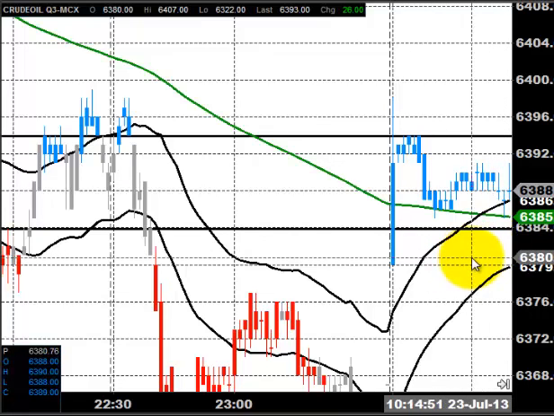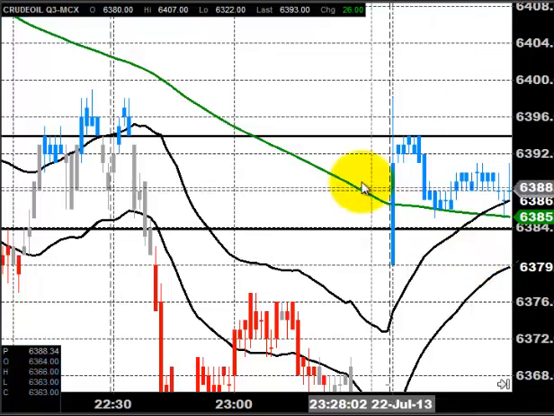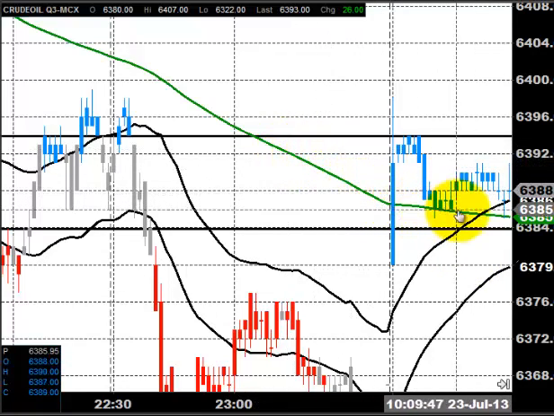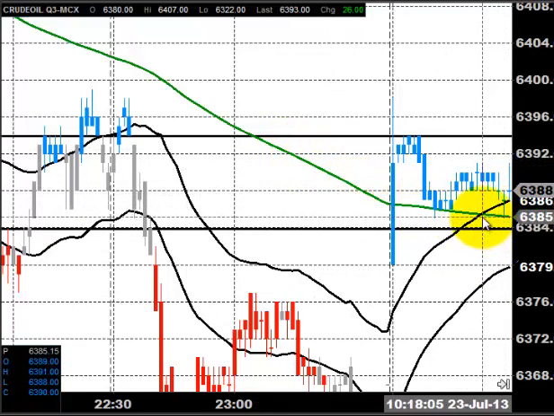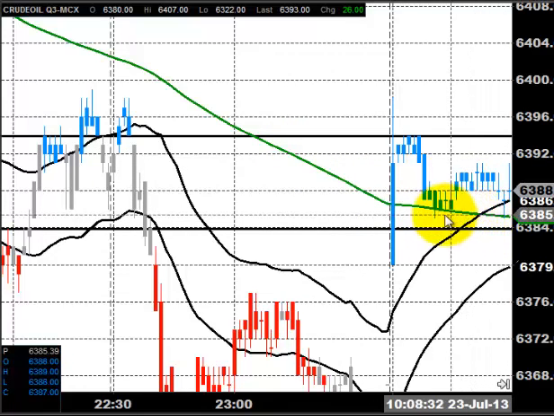Here I want to explain a new rule you can apply in this particular situation. This is applicable only when the price is touching this green color line.